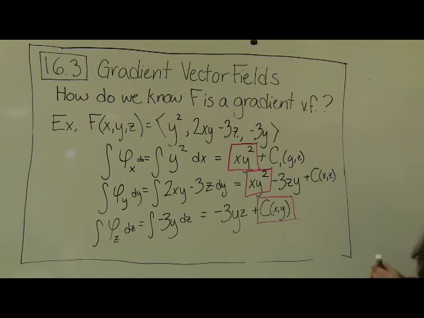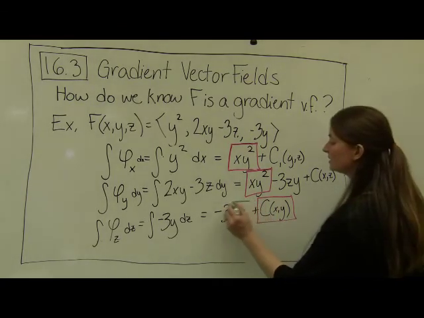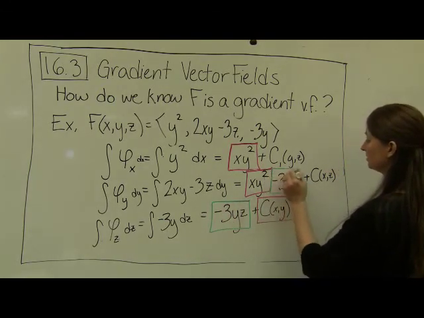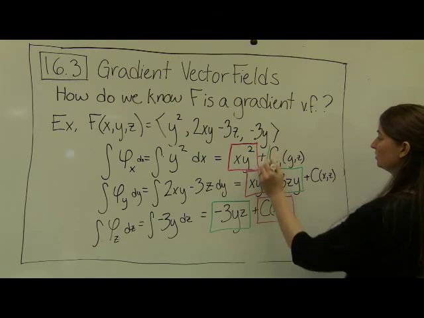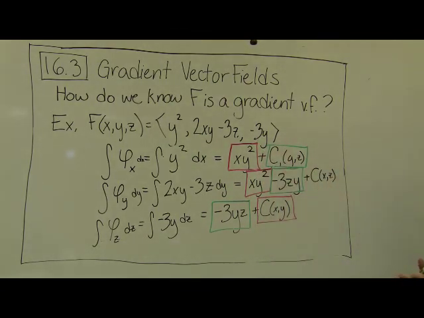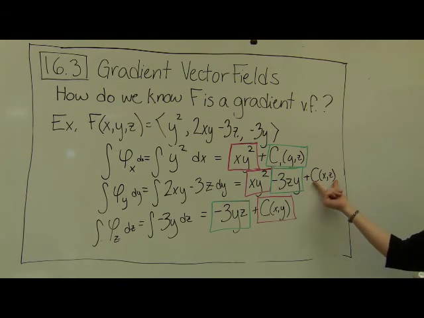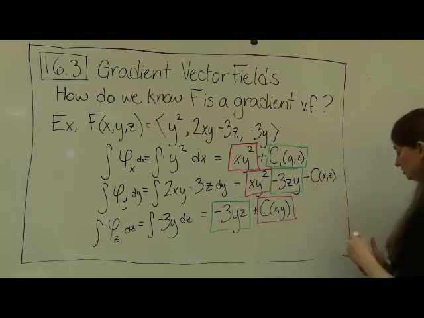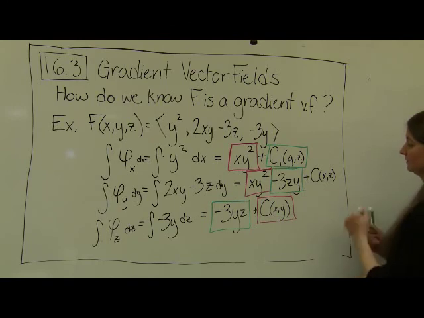Additionally, we have this term that's a function of y's and z's, which matches this term, which we said was a constant function of y's and z's. And it turns out that in this case, our function of x's and z's just doesn't exist. There isn't a term that's just x's and z's in our potential function. So this is just going to be equal to 0.